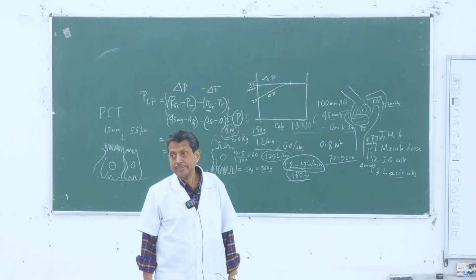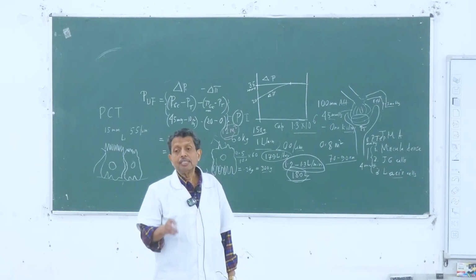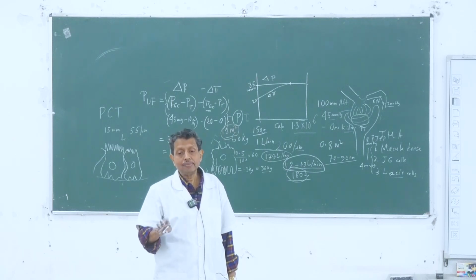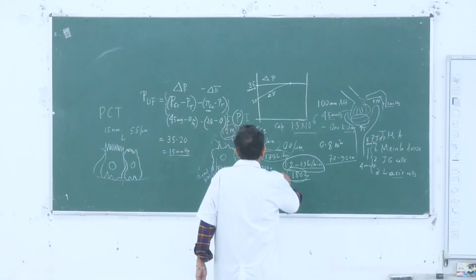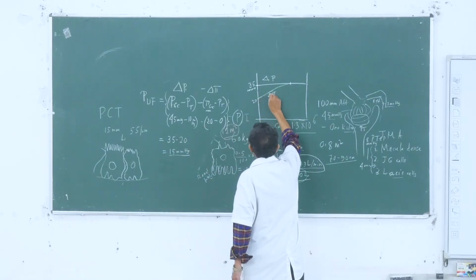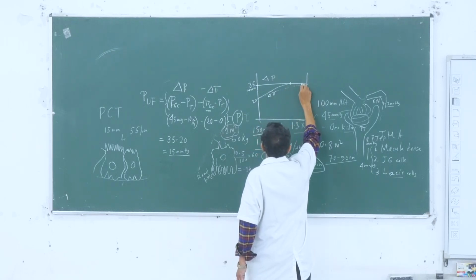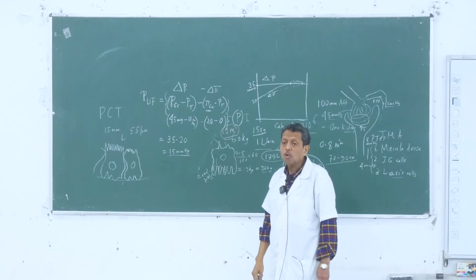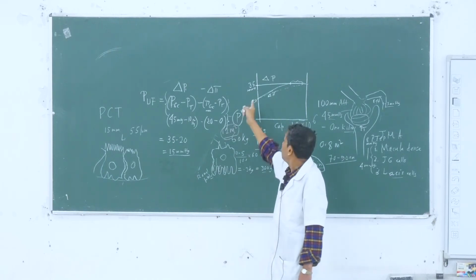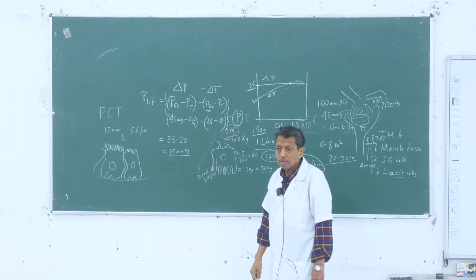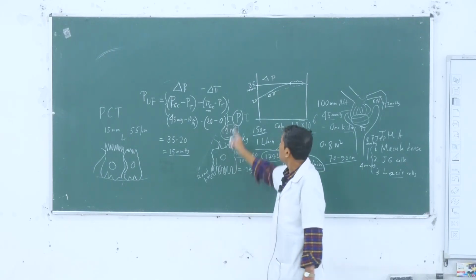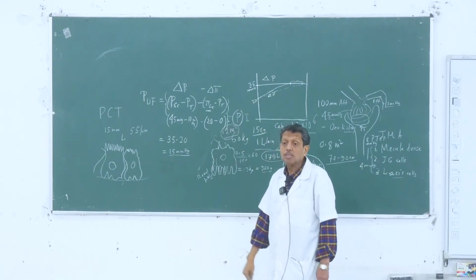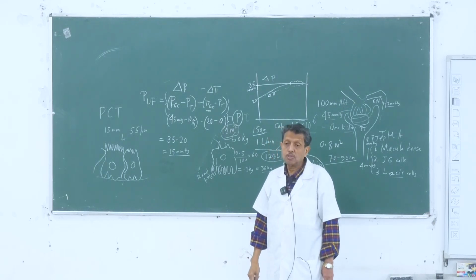If there is an increase in flow due to increase in hydrostatic pressure or anything else, or increase in permeability, only if the rate of flow increases, then further area is involved and there is more filtration. If only permeability increases and the pressure gradient is the same, it is flow limited and not diffusion limited.